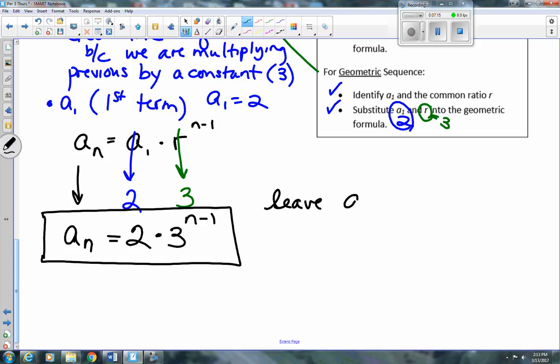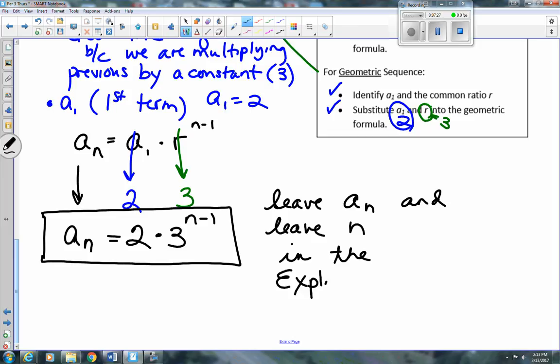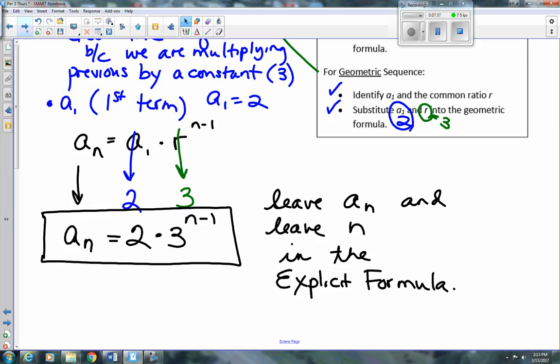Leave A subscript n and leave n in the explicit formula. And we're done. Moving on now to the next example.